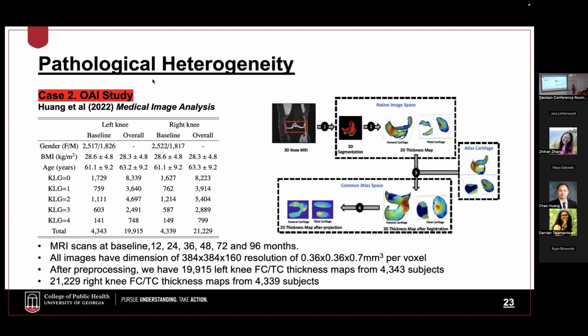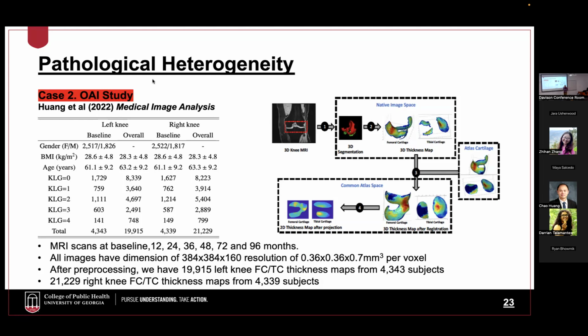In this study, we only have the original data set from the MRI scans, but we cannot directly use it for our data analysis. We did a lot of imaging pre-processing. For example, we need to extract the 3D cartilages from the MRI data sets, and after that we need to do imaging registration. We also want to make the problem easier.